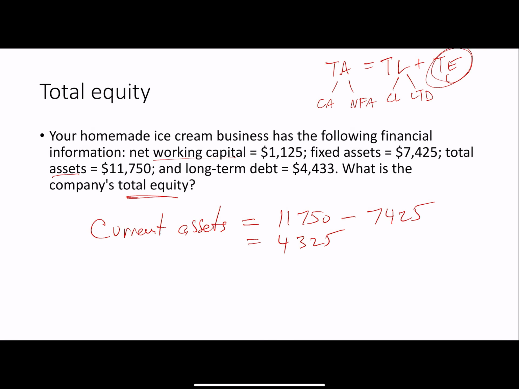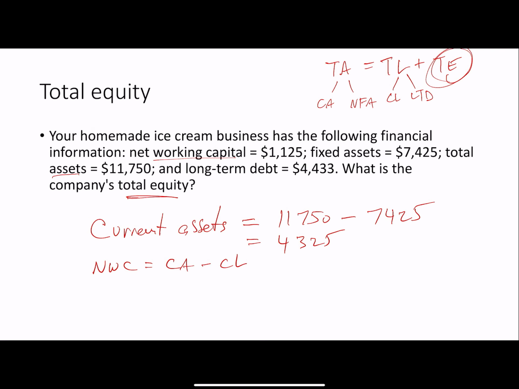All right. Now, what we've also been given is net working capital, right? We've seen that equation a few times. Net working capital is current assets minus current liabilities. Which ones do we know at this point?